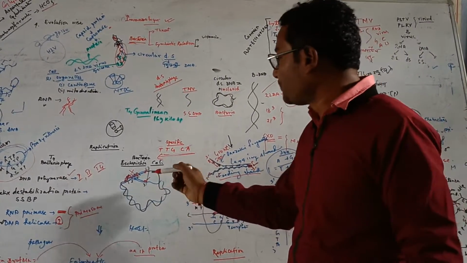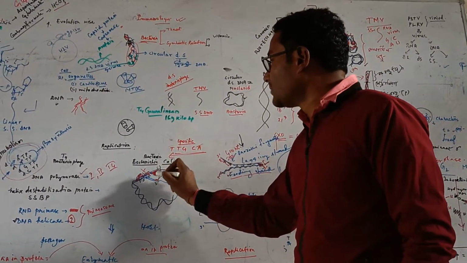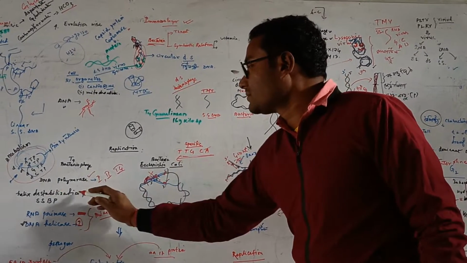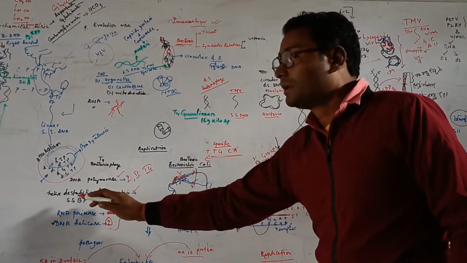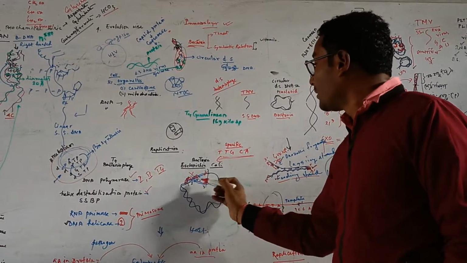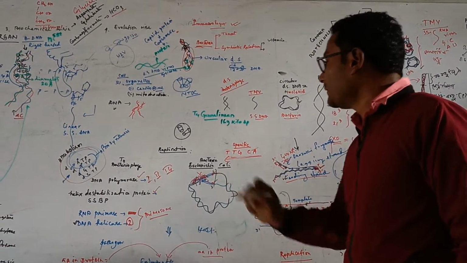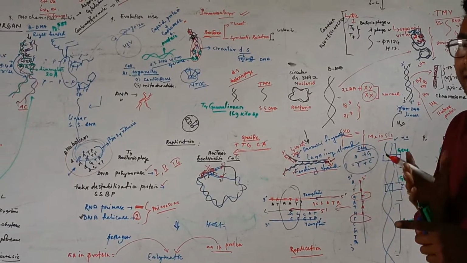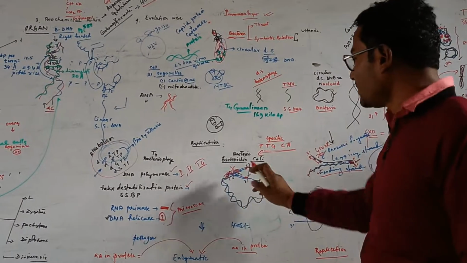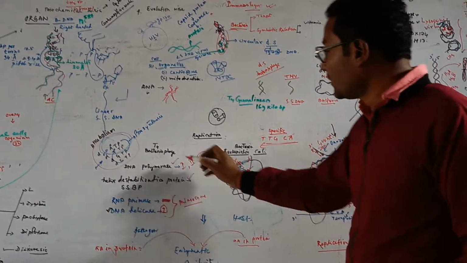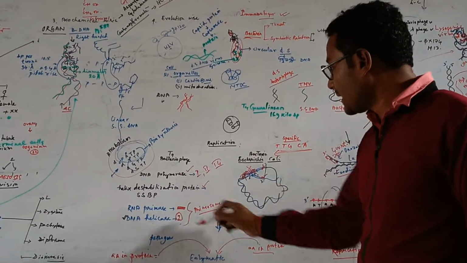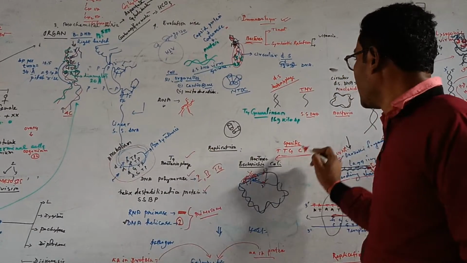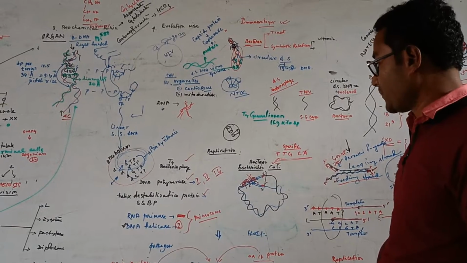They do not reunite because helix destabilizing proteins, single stranded binding proteins, bind to prevent reannealing. This part uses the same machinery, in both T4 and other bacteriophages.